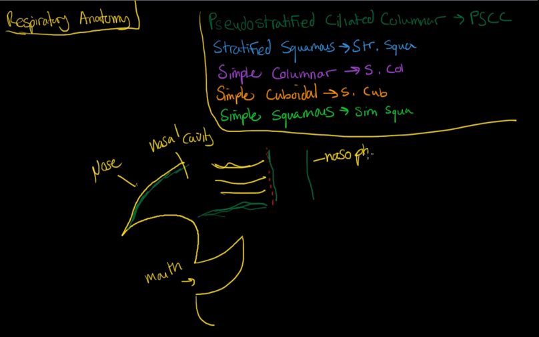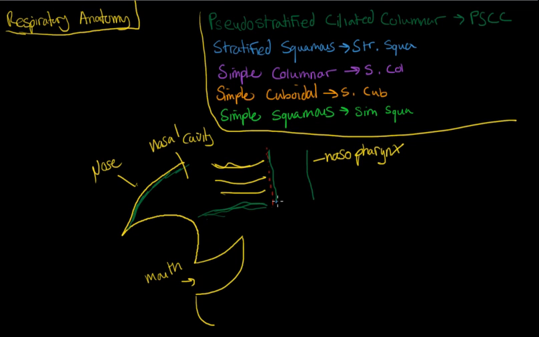Nasopharynx. And again, we have that ciliated columnar in order to help mucus flow easily. And it's all air that's coming through here, so we don't necessarily need the protection that you'd need elsewhere. Which leads me into the oropharynx.